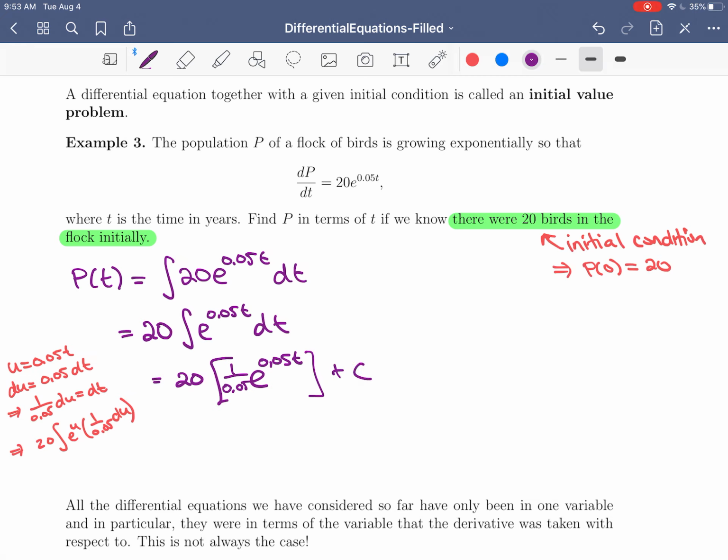And then we should have our plus c. So 20 divided by 0.05 is going to be 400. So it's 400 e to the 0.05 t plus c. So that's our P of t.